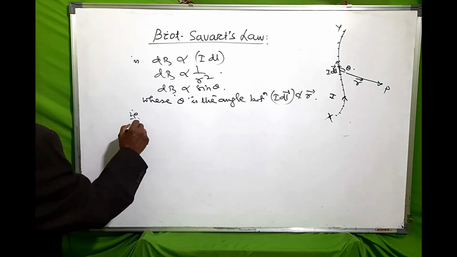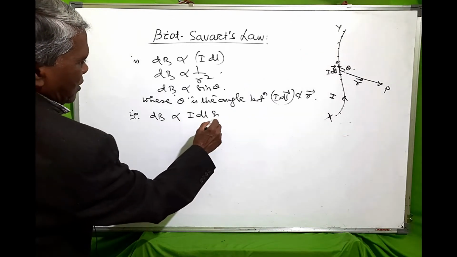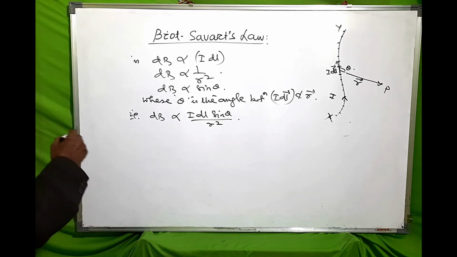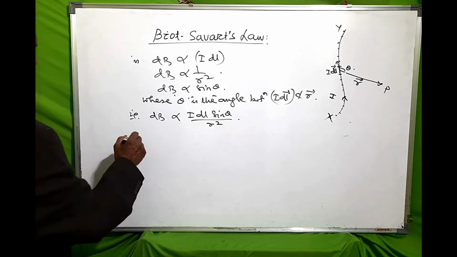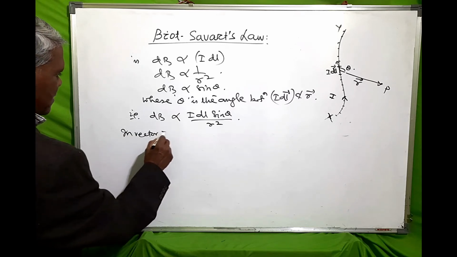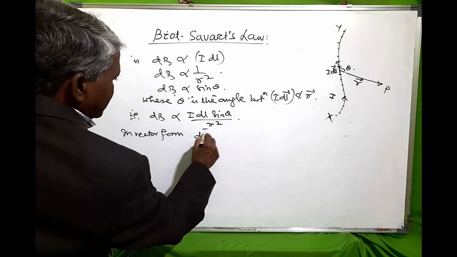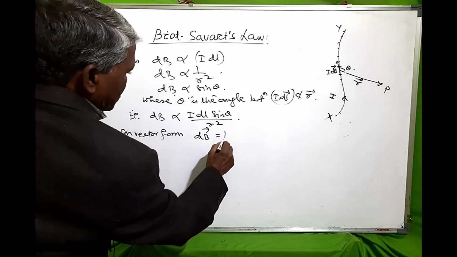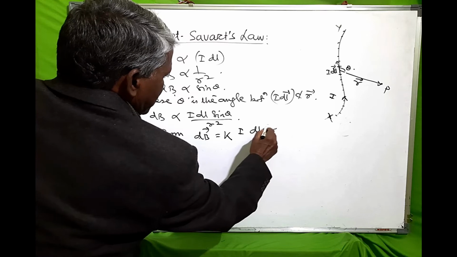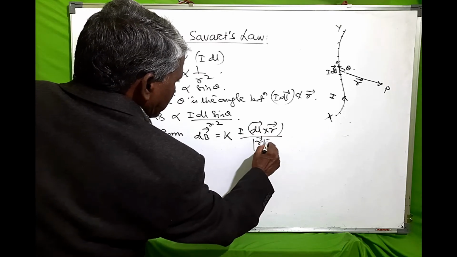That is, dB proportional to I dl sin theta by r square, or in vector form, dB is equal to some constant k, I dl cross r by mod r cube.